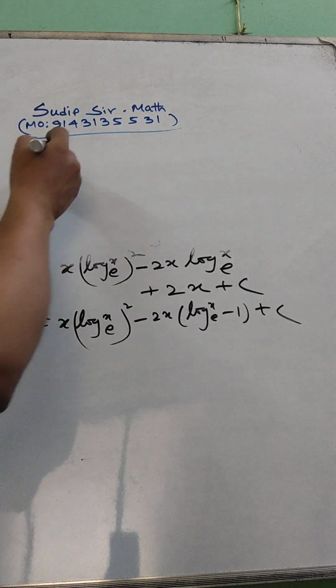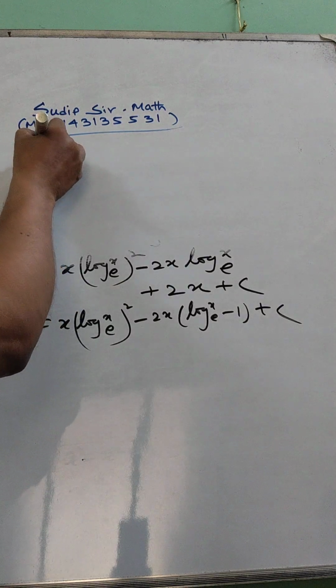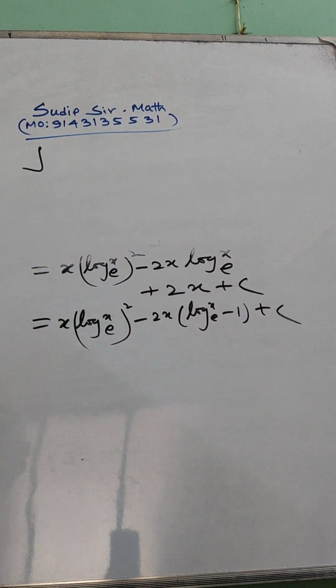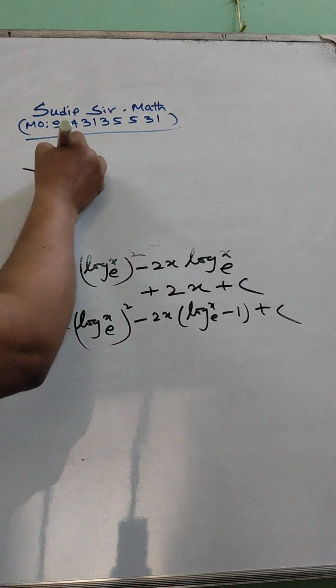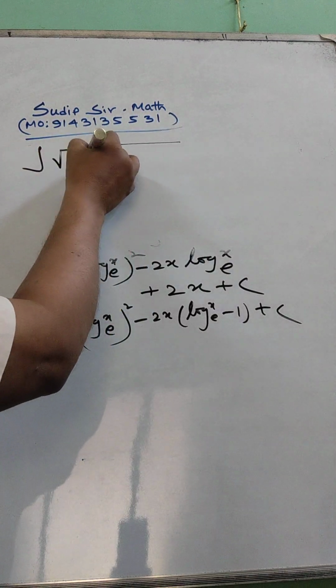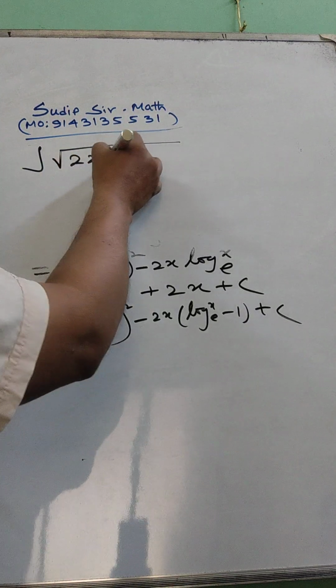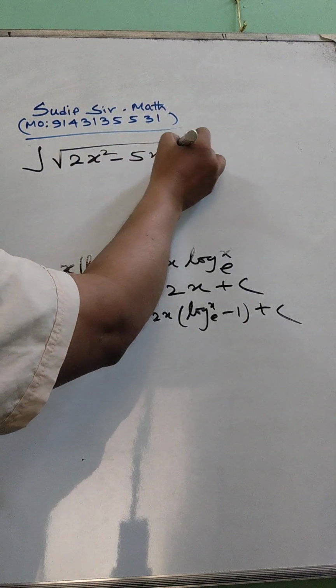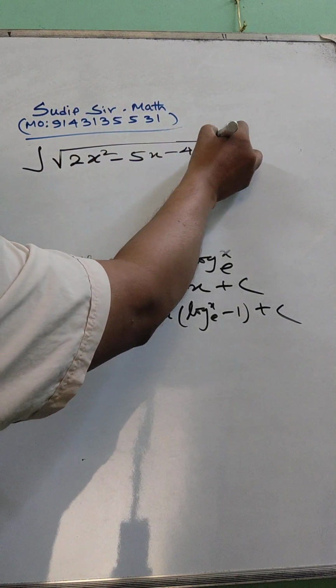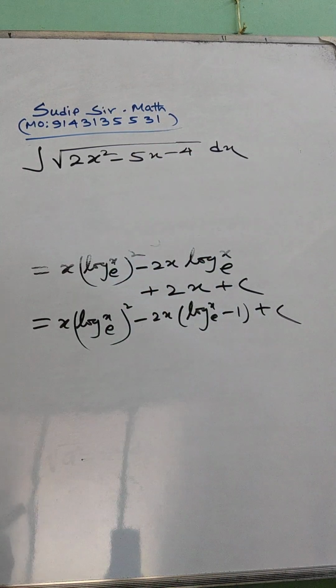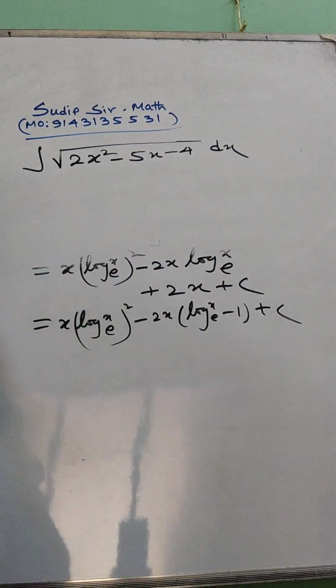Suppose find the integration of root over of 2x² minus 5x minus 4 dx. You have to find this integration.